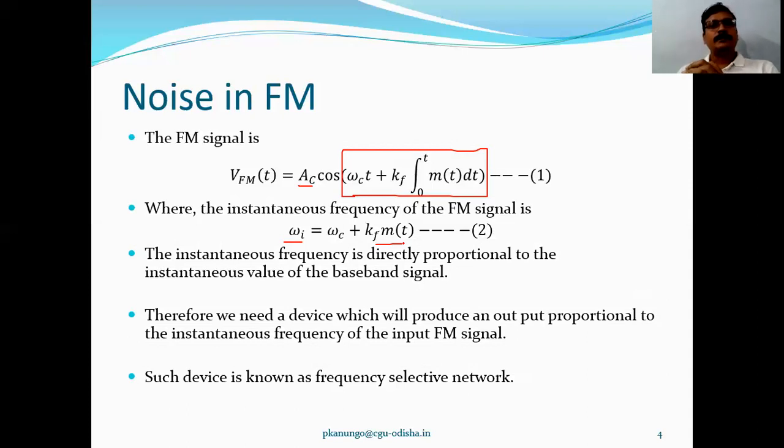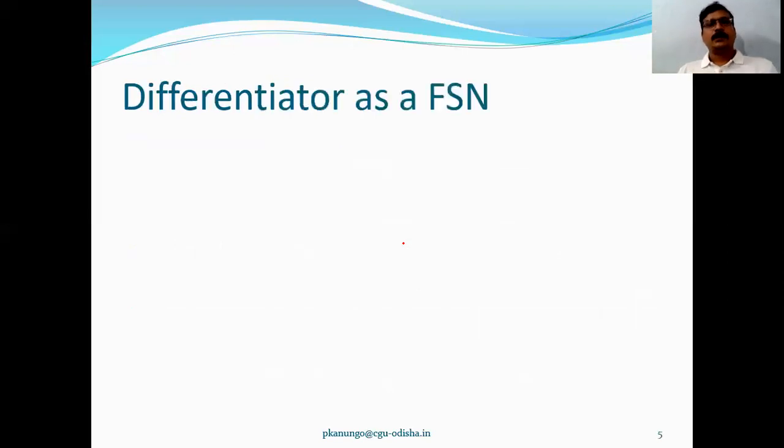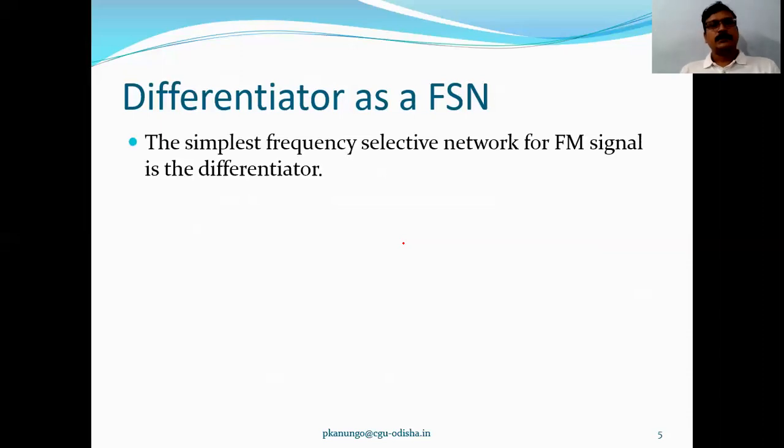So in the FM demodulator, I need a device which is basically a frequency selective network, which will give an output voltage proportional to the input signal frequency, and that is known as a differentiator. A differentiator acts as an FSN, a frequency selective network. How do we say that this differentiator is a frequency selective network?